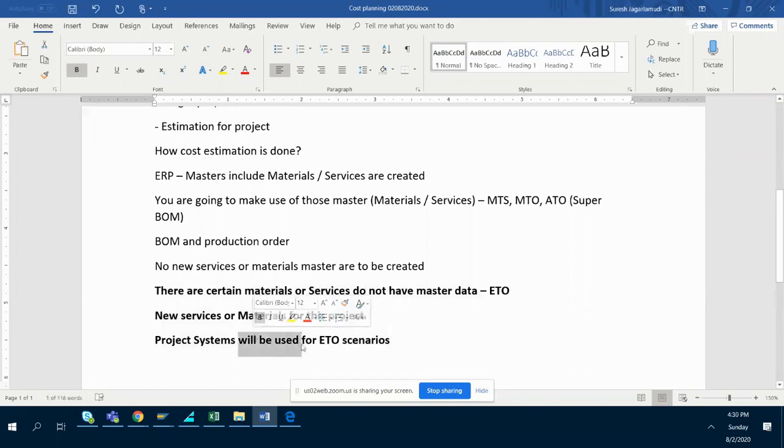Now tell me, what does ETO mean here? Engineer to order, isn't it? If you are doing engineering, what does it mean? You are starting with the research stage, so there is no scope to see any physicality, starting with research and designing.